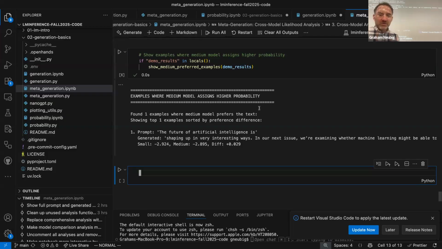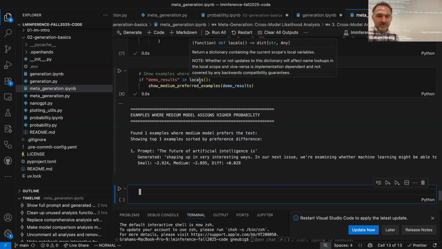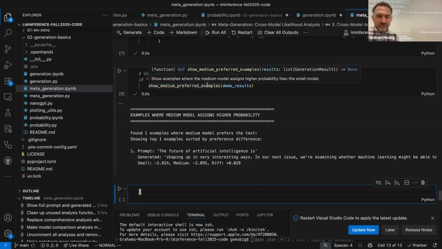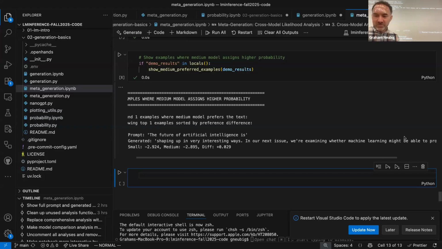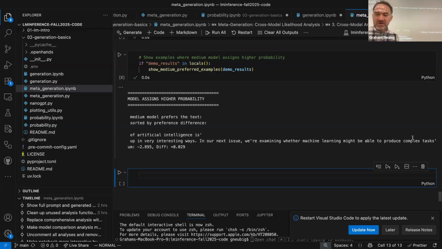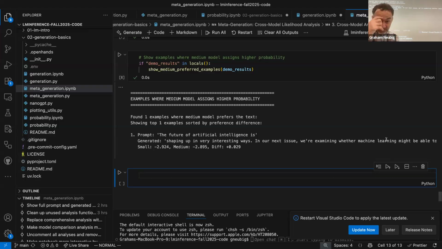Okay, actually there's only one. That's kind of boring. This is randomly sampled, so I get a different result every time. When I did it earlier, I got 3, but here's the one. The future of artificial intelligence is shaping up in very interesting ways. In our next issue, we examine whether machine learning might be able to produce complex tasks. And here the medium model preferred it.